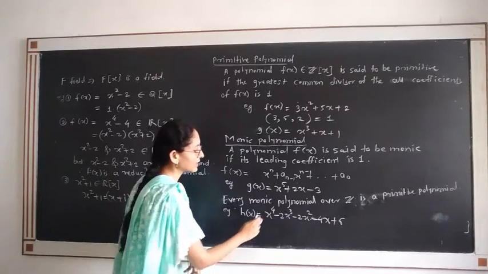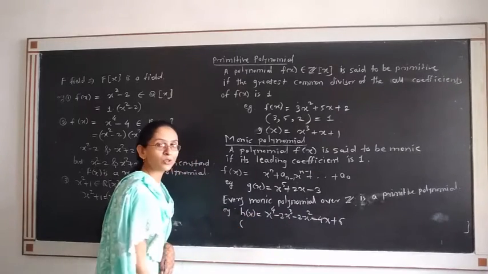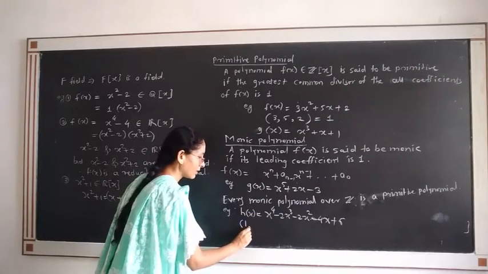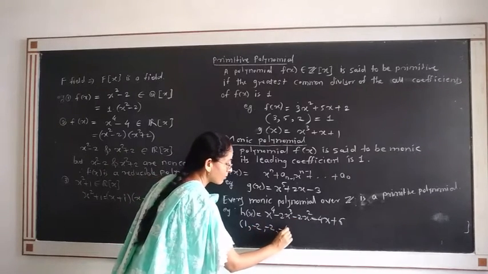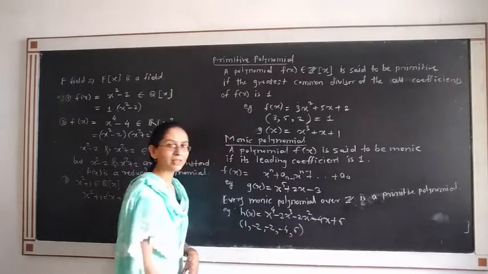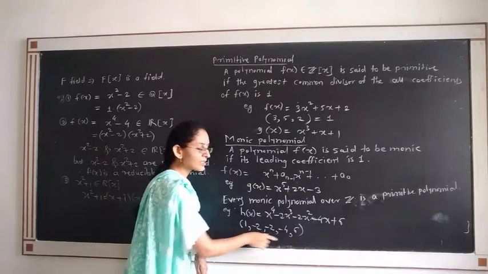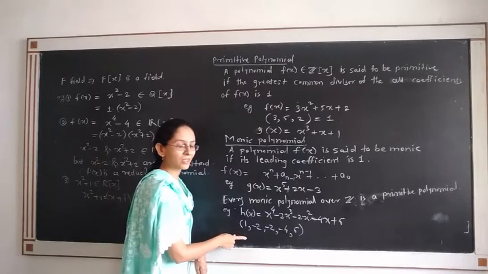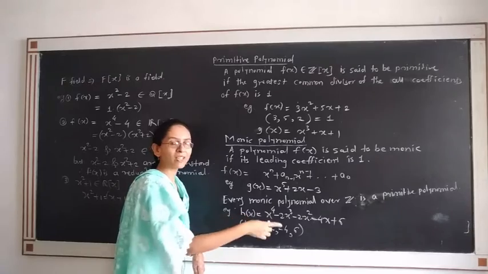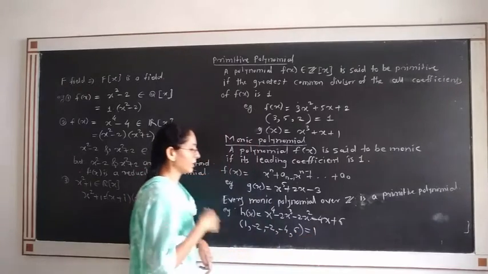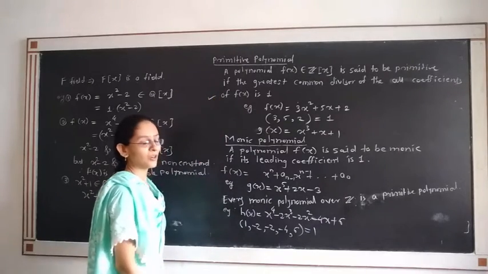What is the GCD of all the coefficients of this polynomial h(x)? Which are the coefficients now? 1, then -2, -2, -4, 6. Greatest common divisor: the common divisor for all these integers, and choose the greatest among those divisors. That will come to be 1. Therefore, this polynomial is a primitive polynomial by the definition.